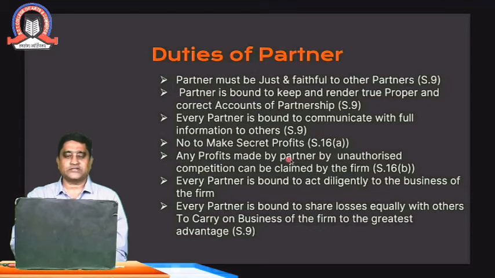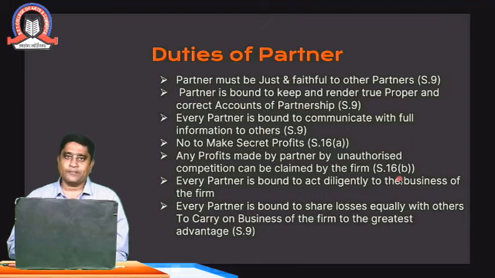Further, the partners cannot make a secret profit. The partners cannot do secret business which is against the partnership agreement, which is mentioned under section 16 subsection A of the Indian Partnership Act. Any profits made by the partners by unauthorized competition can be claimed by the firm, which is mentioned under section 16 subsection B of that act.